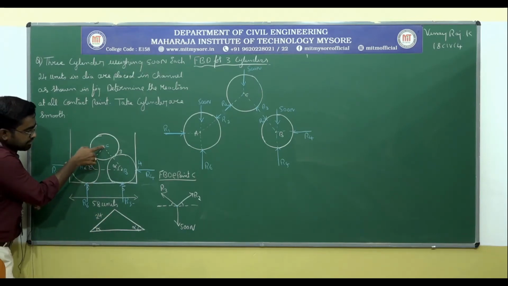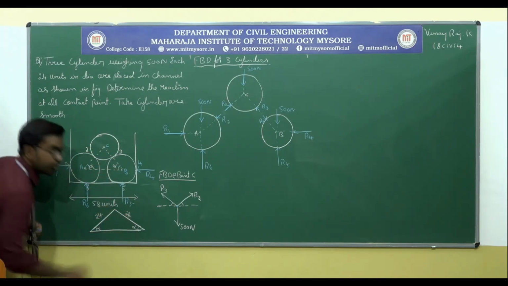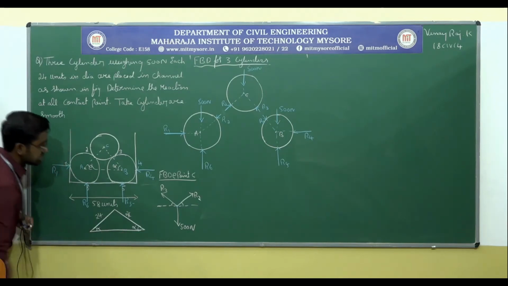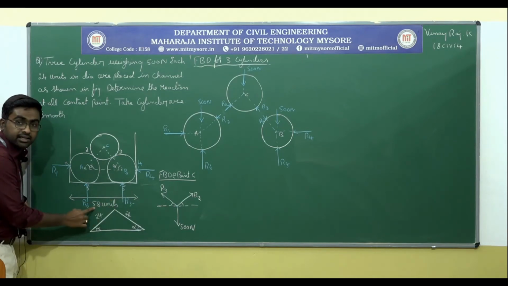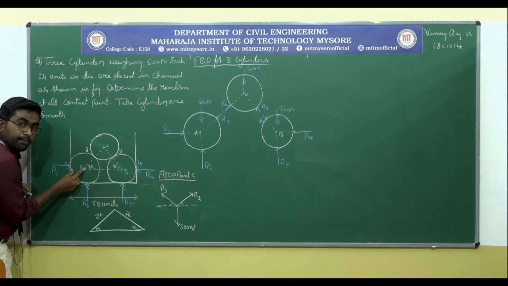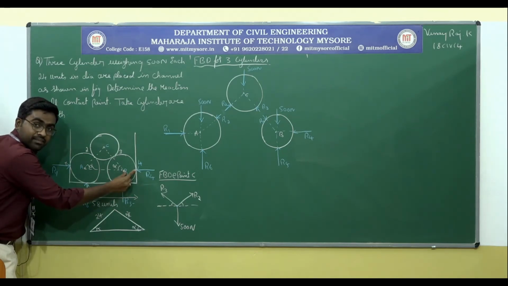Now same thing, this distance will be equal to 24. Now I need to calculate this distance. See, the overall distance is 58, out of which I need to subtract this radius and this radius. Right?